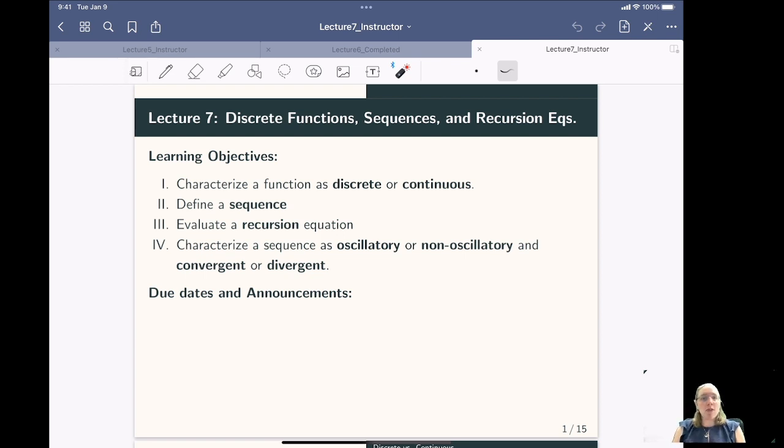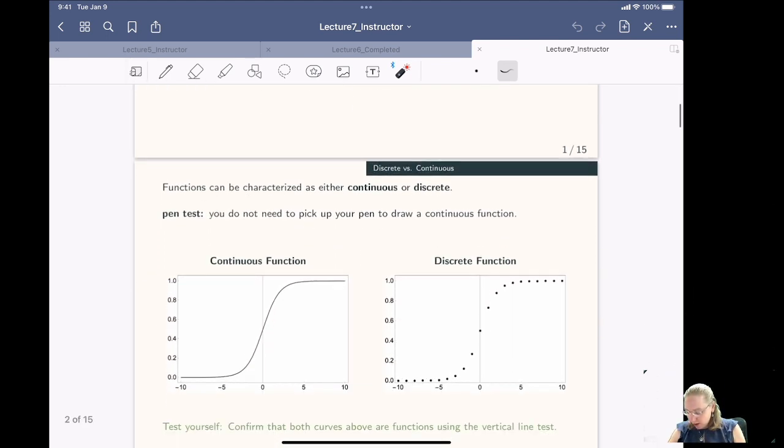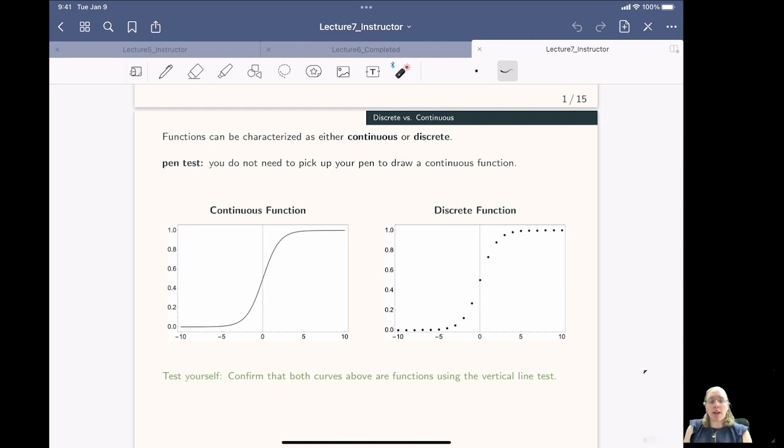Alright, so we've talked a lot about functions before, and a lot of times we've talked about continuous versions of these functions. For example, we might have the continuous sigmoidal function or S-shaped curve here, where the domain of this curve is all real numbers or a subset of the real numbers.